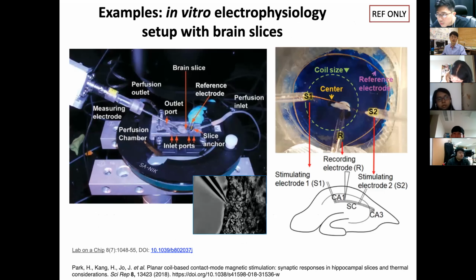So it's better to see how it looks, okay? This is the electrophysiology setup. I just want to show you that there is a perfusion inlet and outlet, and you see the brain slice, and you have to have a measuring electrode, and also a reference electrode, okay? And these ones are not easy to see.